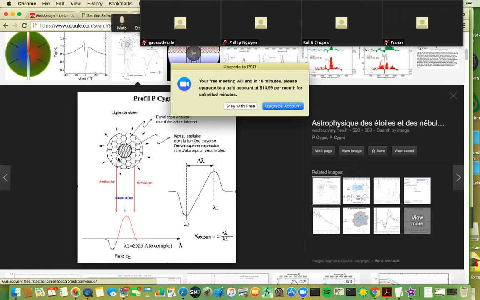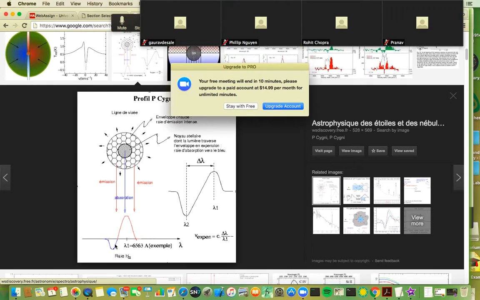Now, if you add expansion, see what happened. The part of the shell that's moving towards you is slightly blueshifted, and the part that moves away from you is redshifted.